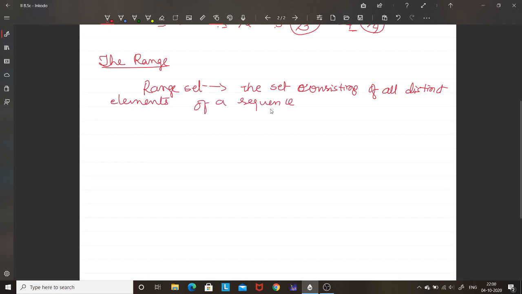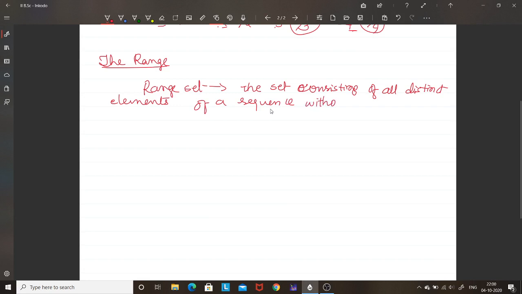Range set. This is the set consisting of all distinct elements of a sequence. All distinct elements without repetition.